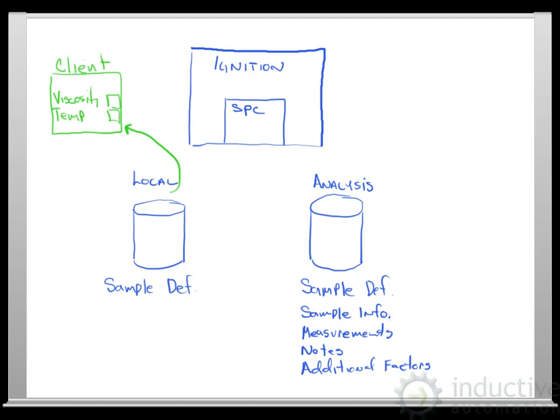So if you're taking a sample on some raw material and you want to track it by lot number, you can, and then you can pull it out and say, show me all the samples for this lot number, and you can do things like that. So you can create any number of additional factors and then be able to do your SPC analysis based on those.